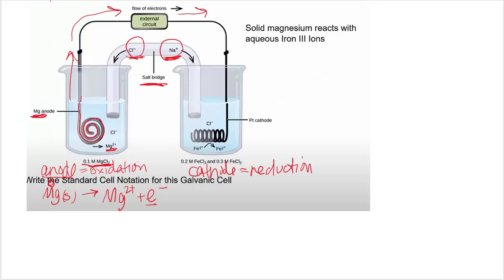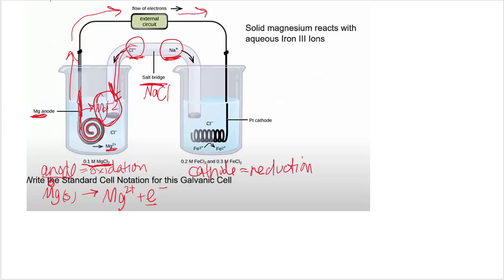And remember, we need that because when we have my solid magnesium here, it's going to turn into magnesium ions here in solution. And in order to keep it electrically balanced, these magnesium ions need the chloride ions to come into solution here to keep that balance.